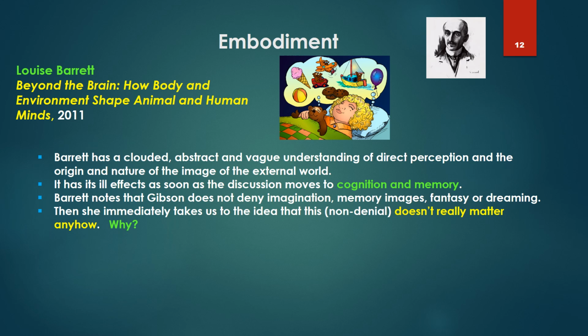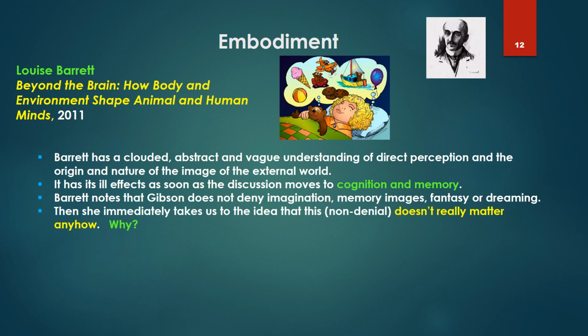But this has its ill effects as soon as the discussion moves to cognition and memory. Barrett notes that Gibson does not deny imagination or memory images or fantasy or dreaming, as we started out with the first slide with the little cat dreaming about the mouse that got torpedoed. But then she immediately takes us to the idea that this non-denial of the existence of memory images or dreams doesn't really matter anyhow.